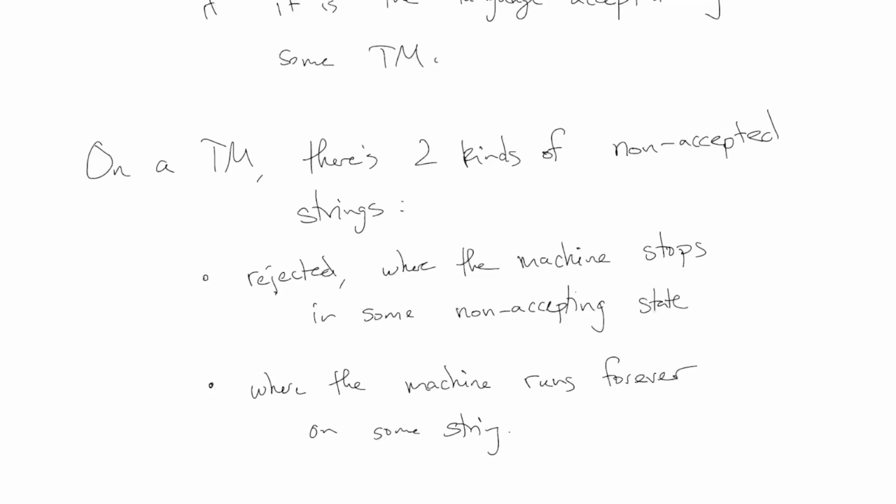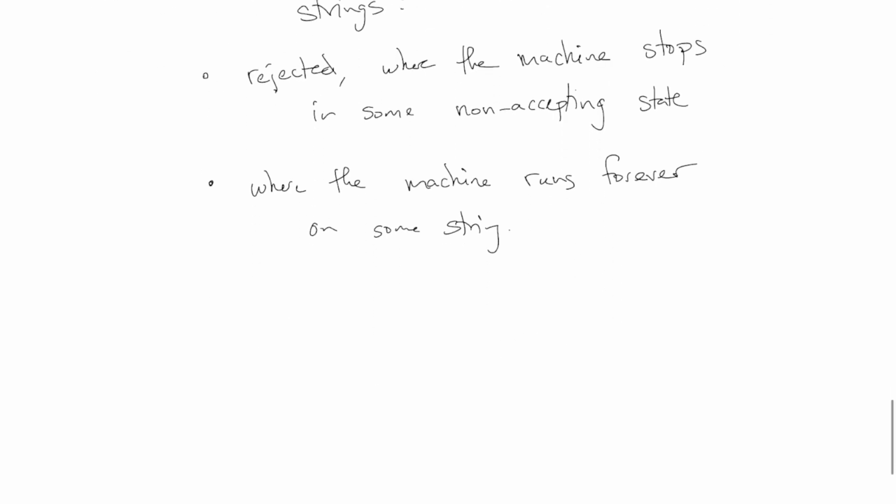You can imagine a Turing machine might just go back and forth on the tape forever without ever reaching the end of the string. It's not hard to make examples like that. Sometimes the machine runs forever in an infinite loop. Here's a simple example like that. I have 3 states total.